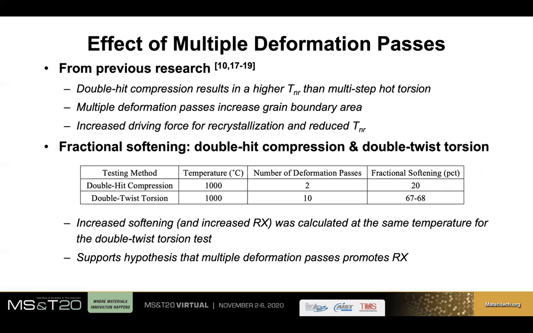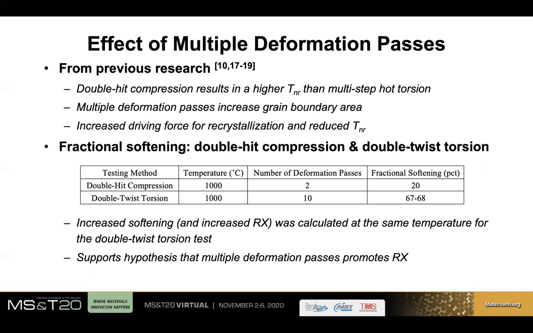And this was attributed to the multiple deformation passes inherent to the multi-step hot torsion test, leading to increased grain boundary area, and having this increased grain boundary area essentially promote recrystallization and lead to a lower TNR than double hit compression testing, which only undergoes 2 deformation passes per temperature and per specimen.